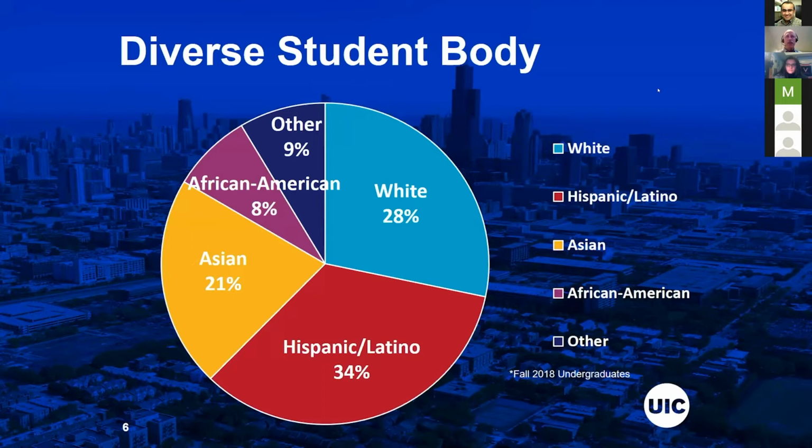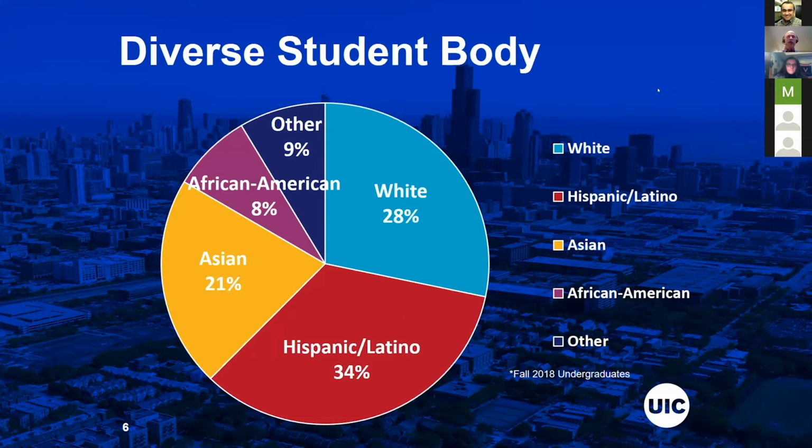We are one of the most diverse institutions in the United States, and in diversity in the undergrad program, we look at these different categories of Hispanic, Asian, Latino, African American, etc. And this is basically just showing there's no ethnic or race majority here. This is a very integrated place. This is what we envision, perhaps a lot of the United States, hopefully looking like maybe 40, 50 years from now.